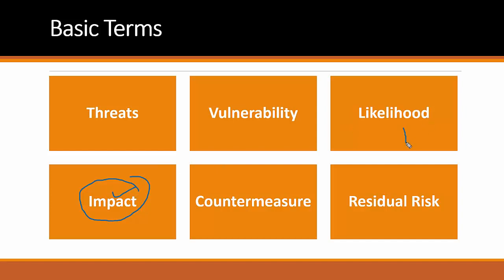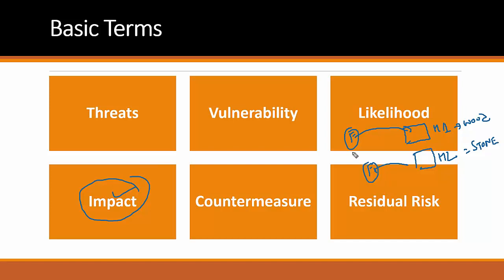One more example is we have house one and house two. House one is made of wood and house two is made of stones. Now when we say fire, fire is basically a threat. If it occurs on house one, and fire occurs on house two, both basically have the same likelihood.